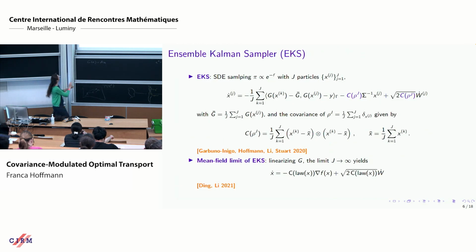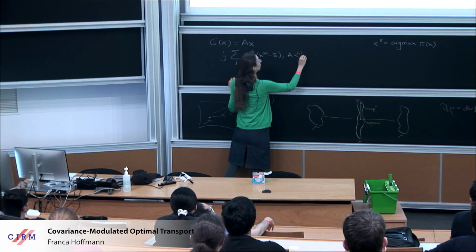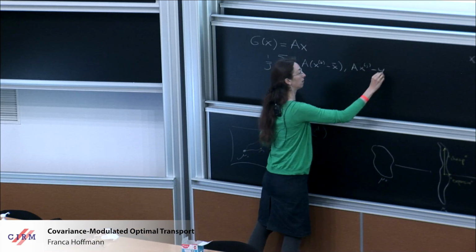Yeah, so if you have this, then this first part here, the sum over j, I can write like this, right? xk minus x bar, which is now just the mean of the x's, the empirical mean. And then here I have a xj minus y.